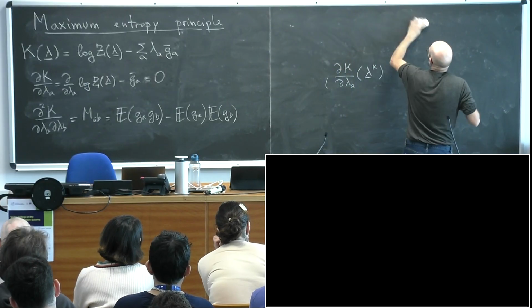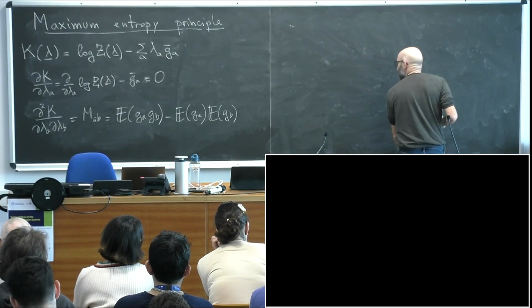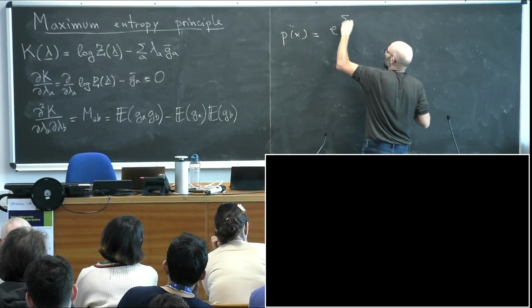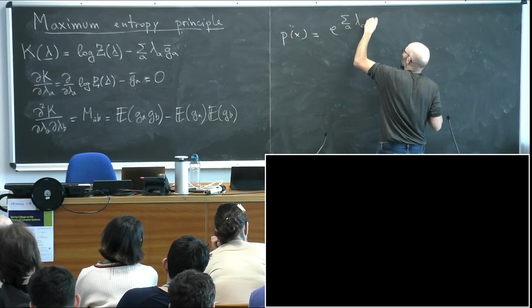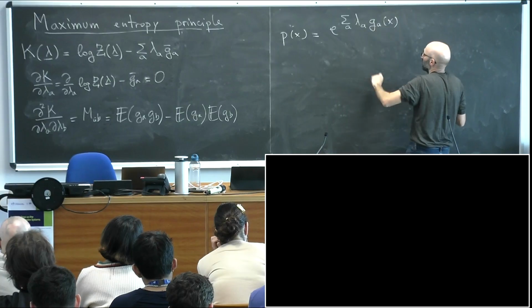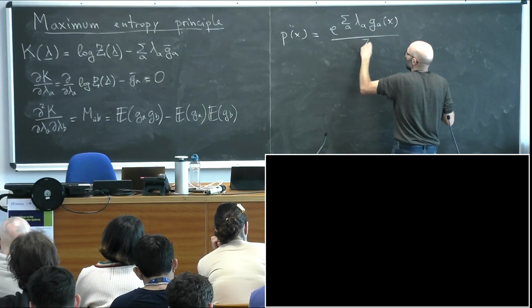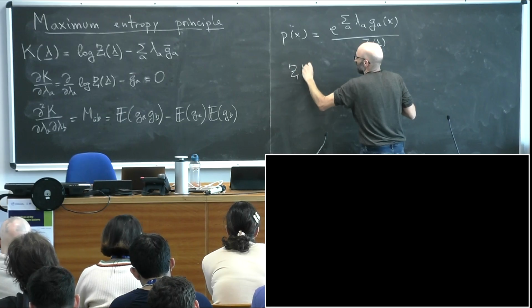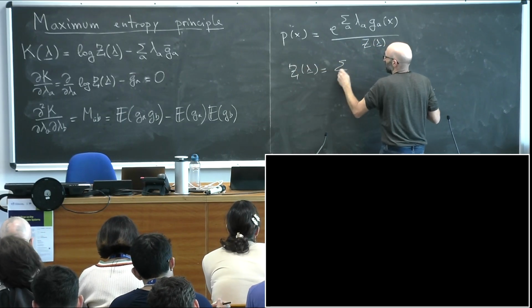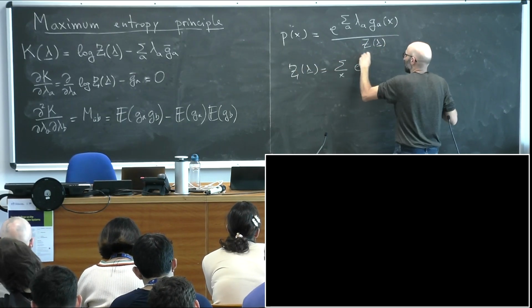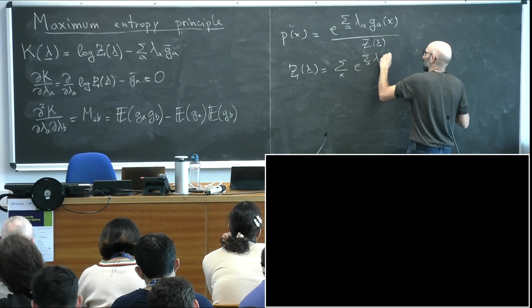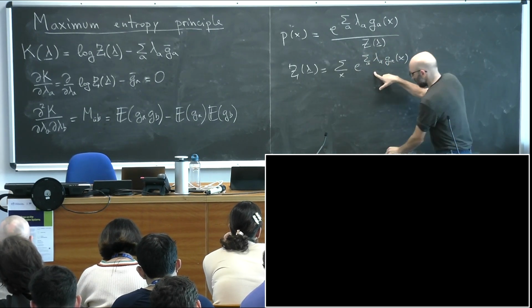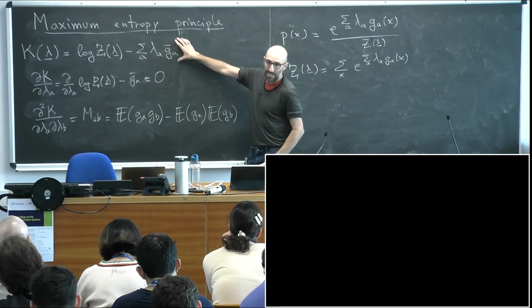So the probability that maximizes the entropy has the form exponential of this divided by Z, and Z is the sum of the numerator. Okay? So now I define this function k.